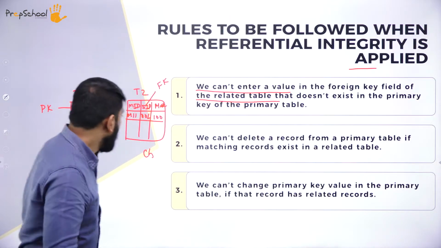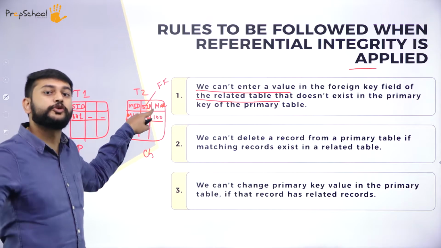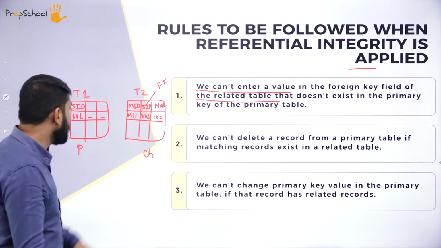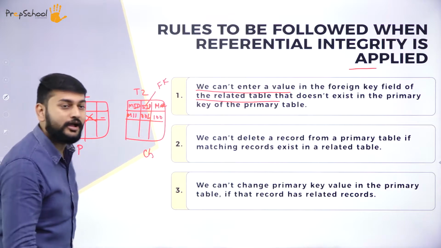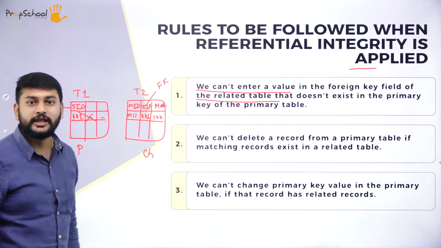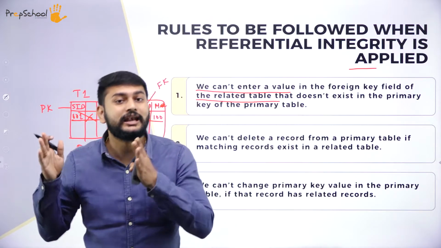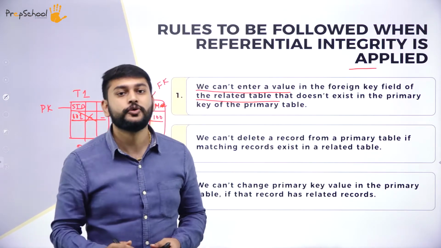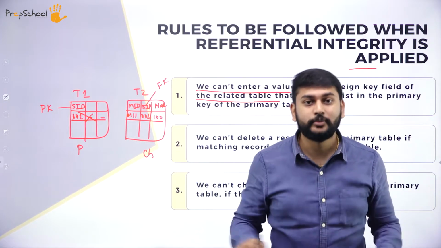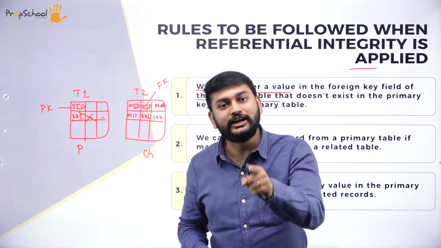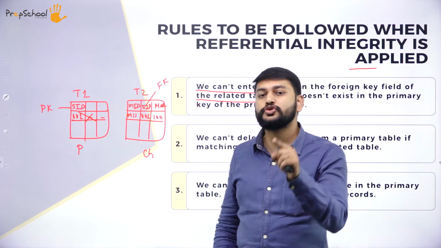You got my point? I have to first delete the related table's data with respect to that student. Then only can I delete this data. Directly I cannot delete the data in the main table. First I have to delete all the data in the related tables, and at last the data in the main table. If you try to delete in the main table in the beginning, that leads to an error.